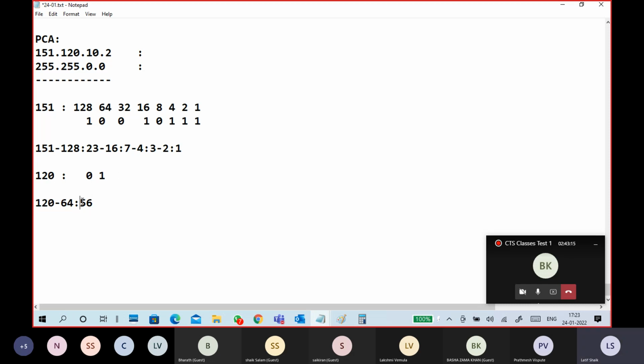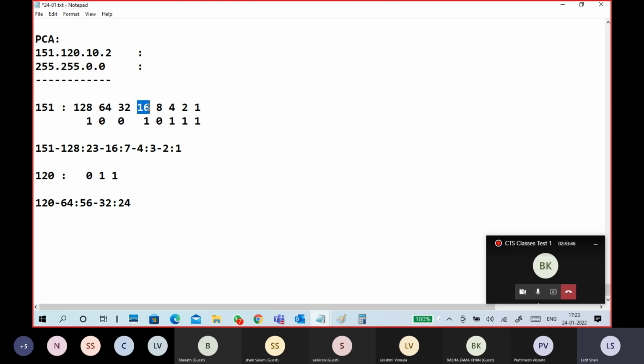Now 56 compared with 32. 56 is bigger than 32. Put a 1 for 32 and minus 32. Again subtract. Now 56 minus 32 is 24.